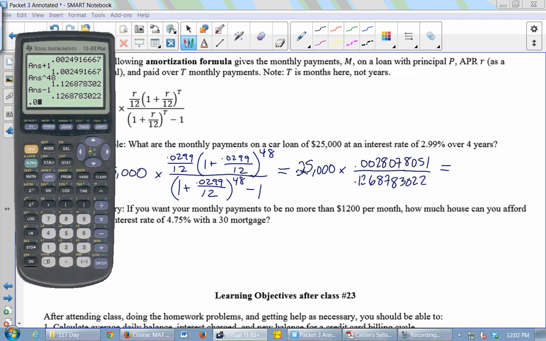Okay, 0.0028078051 divided by 0.12687830022 times 25,000. $553.25.